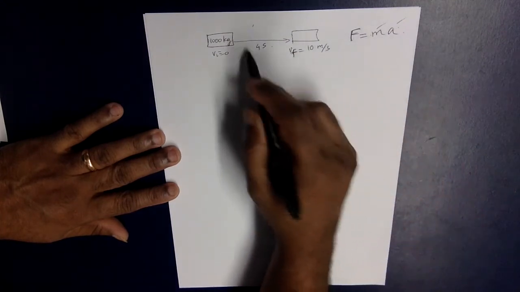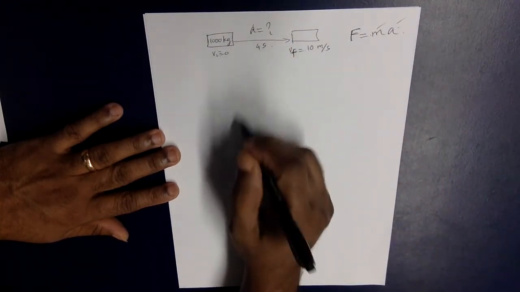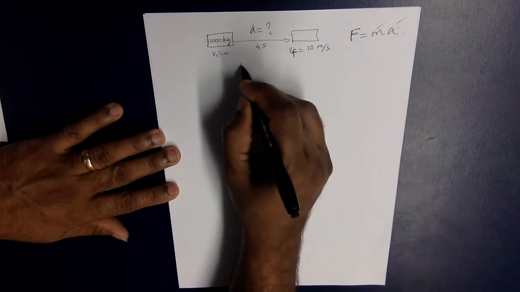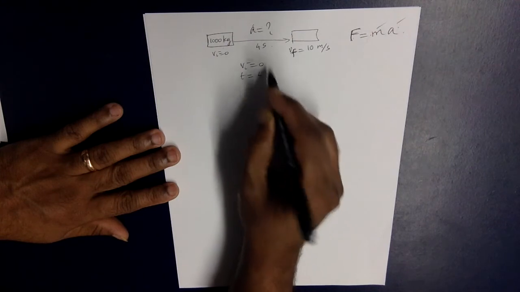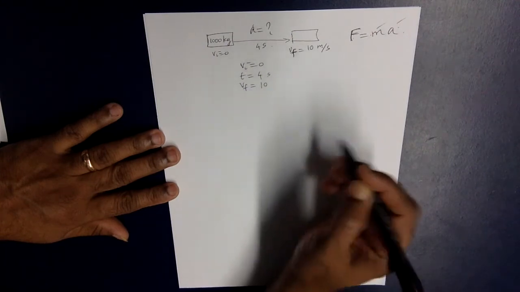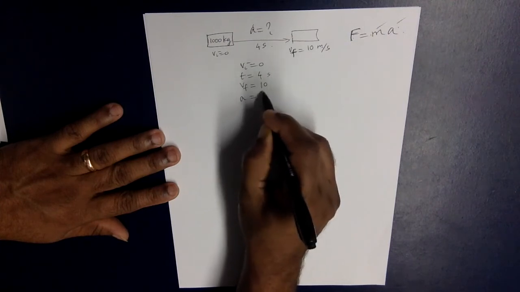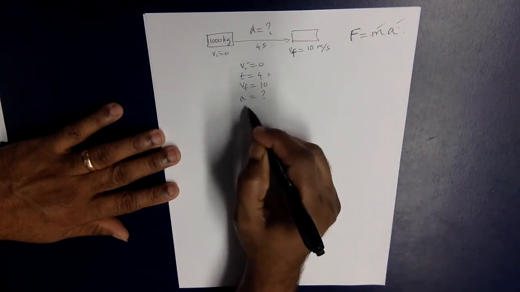So let's find the acceleration. To find the acceleration, go as usual. Initial velocity is 0, time is 4 seconds, final velocity is given, acceleration is what? Now what is not there here? The displacement is not there.